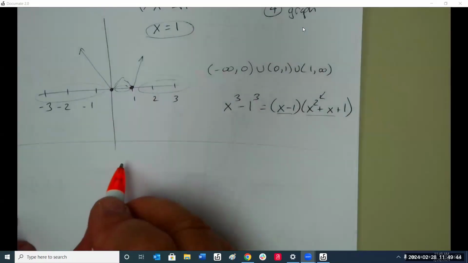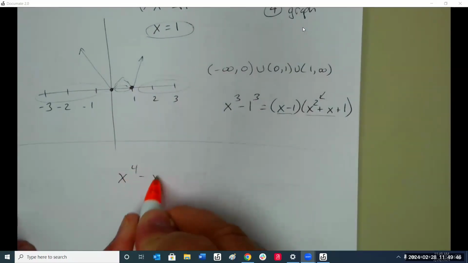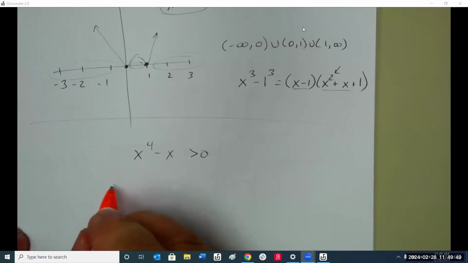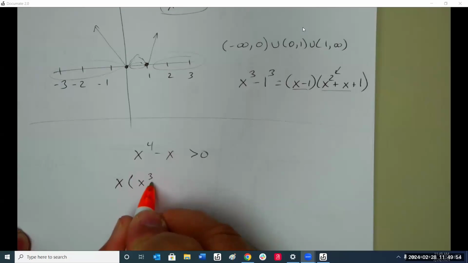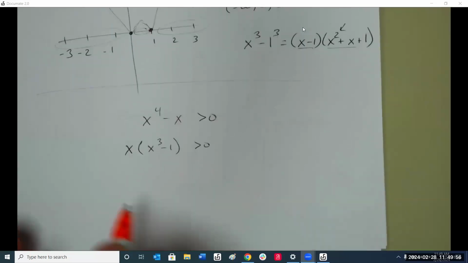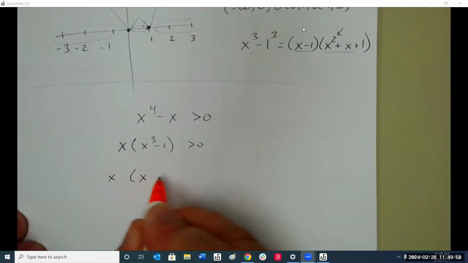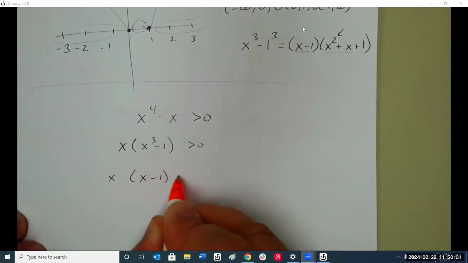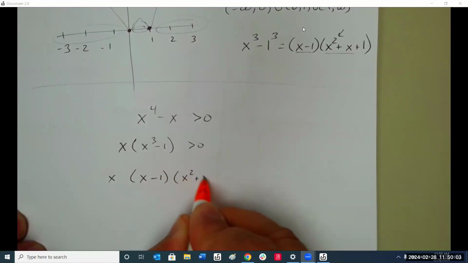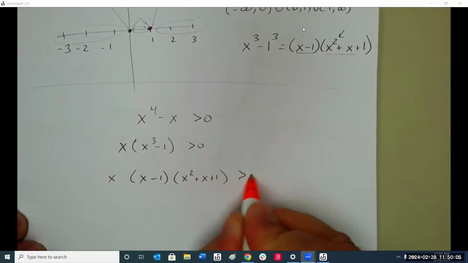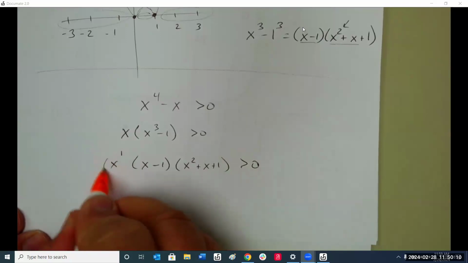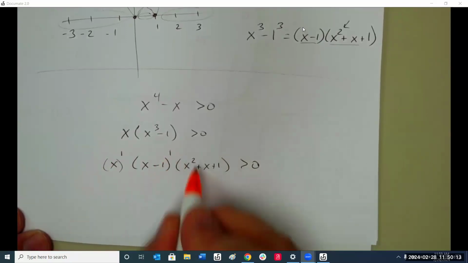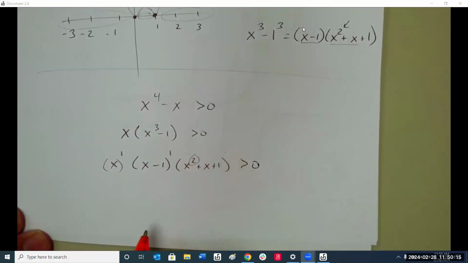So when we factor this out, we got x cubed minus 1. So this multiplicity is 1, this multiplicity is 1, this one's 2. That's where we get our 4 from.